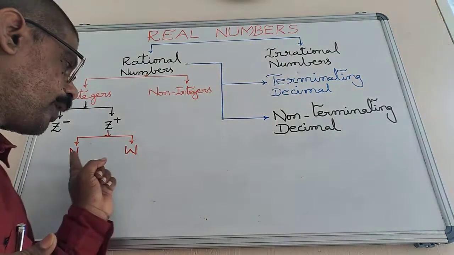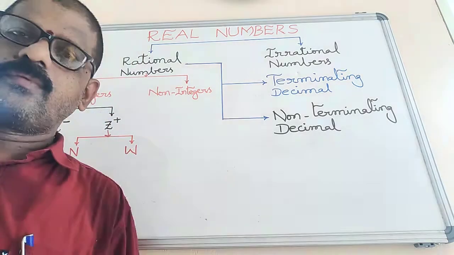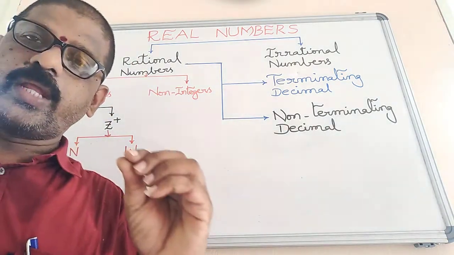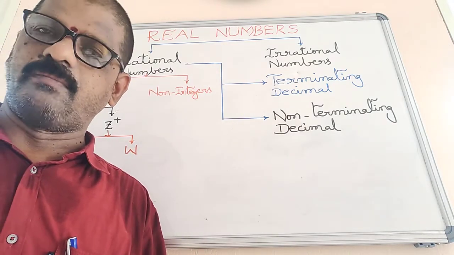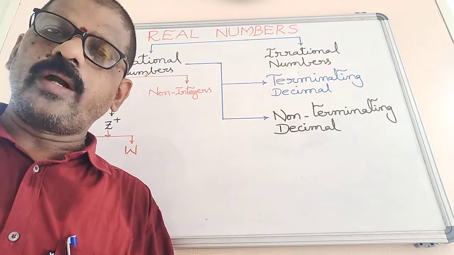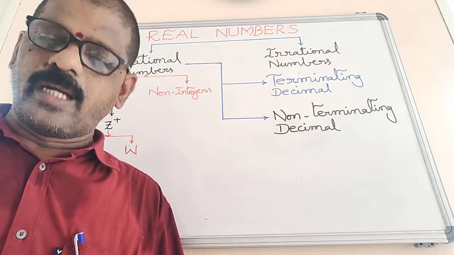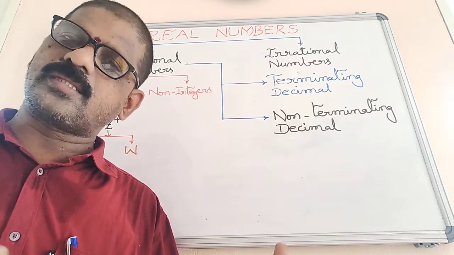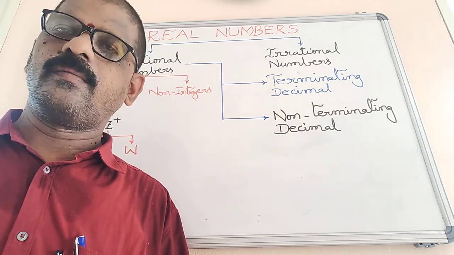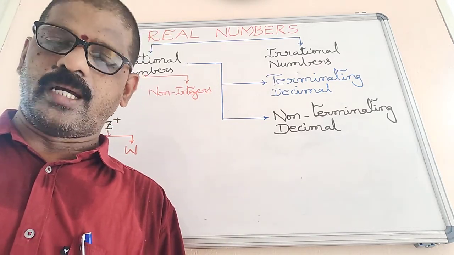The first, what is called N? N means the set of natural numbers. What are natural numbers? Counting numbers 1, 2, 3, 4, 5, 6, 7 and so on are called natural numbers.